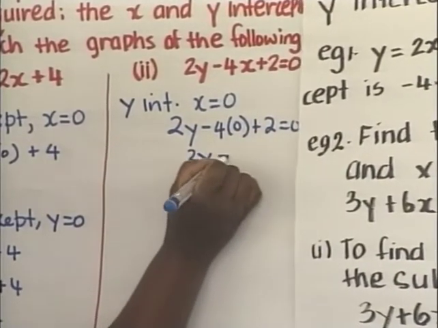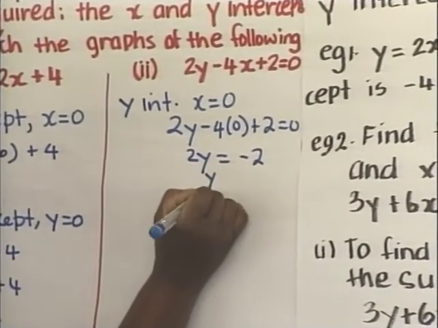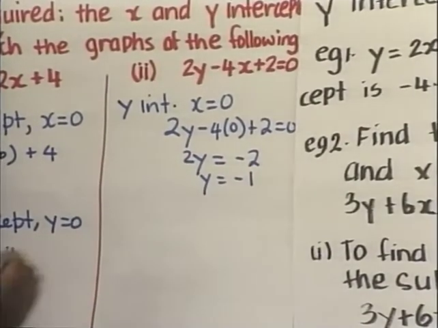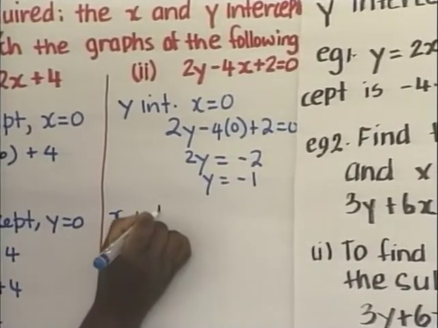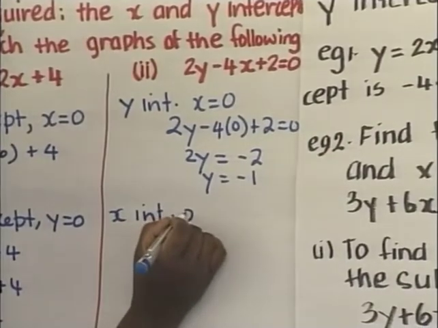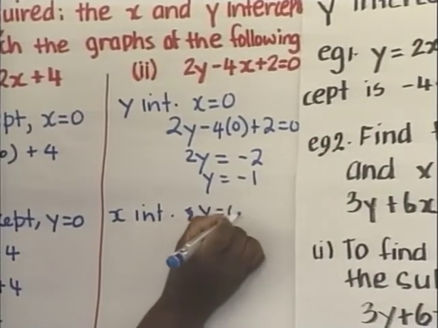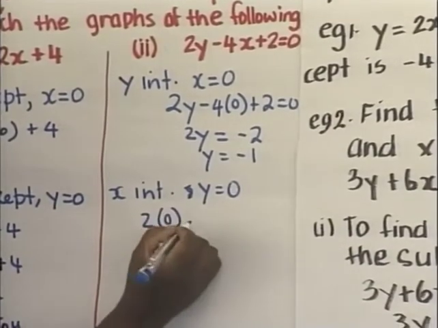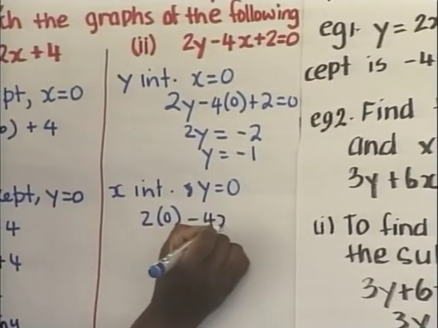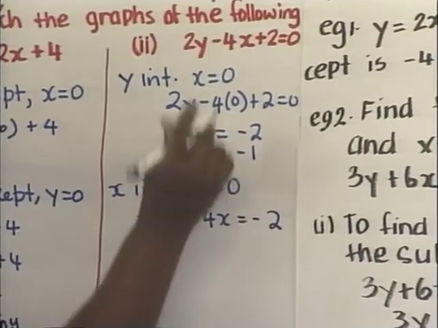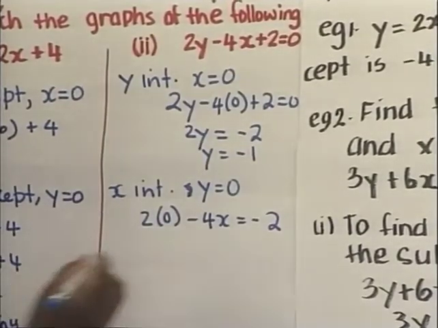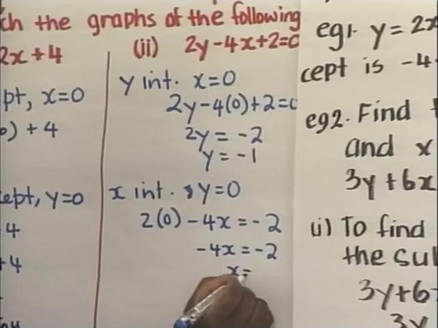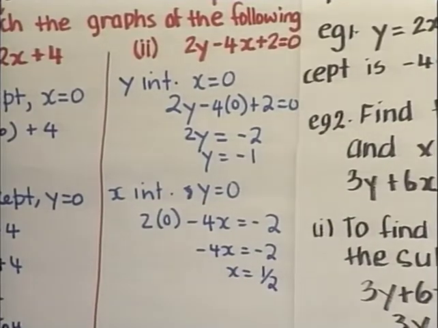I get 2y equals negative 2 and y is equal to negative 1. To find the x-intercept, we make y equal to 0. I get 2 times 0 minus 4x plus 2 equals 0. Bringing 2 to the other side, I get minus 4x equals negative 2. That means x is positive a half.